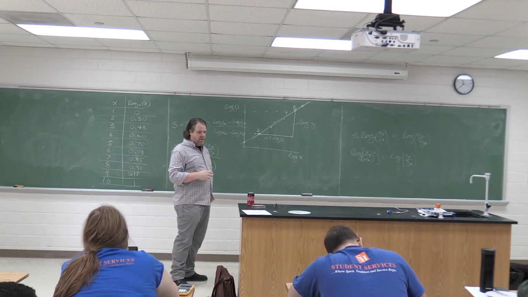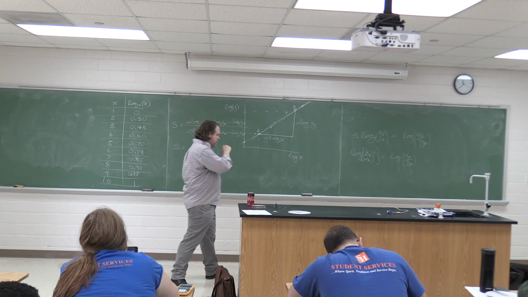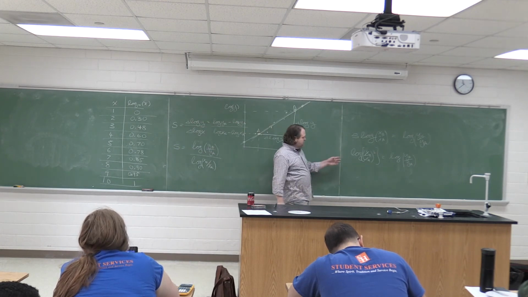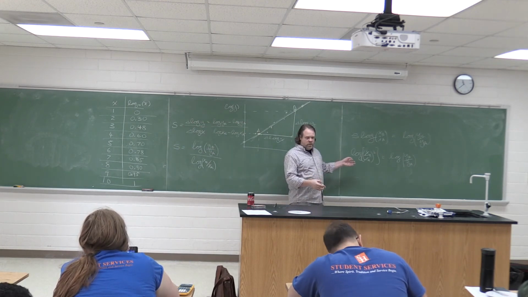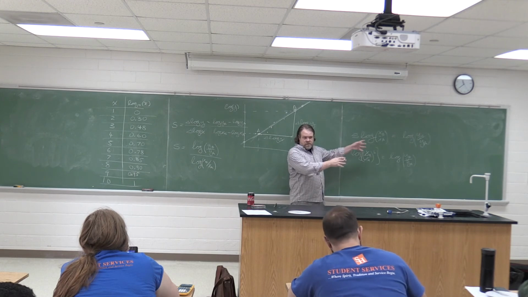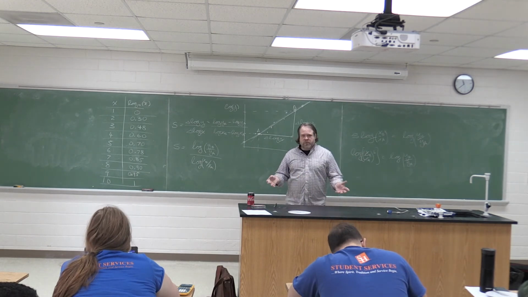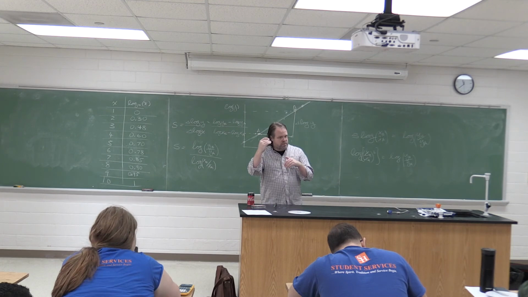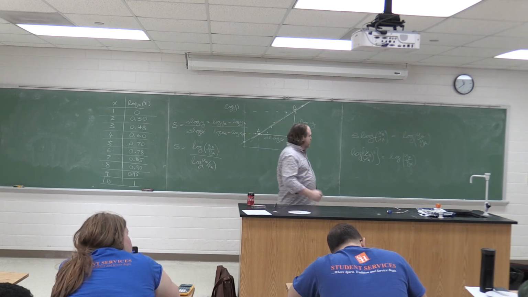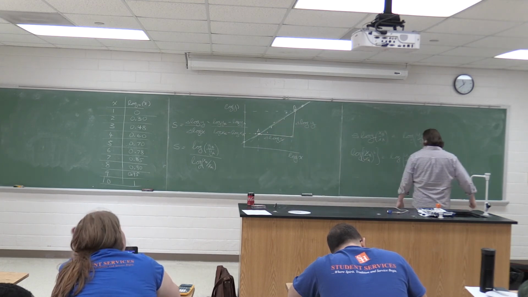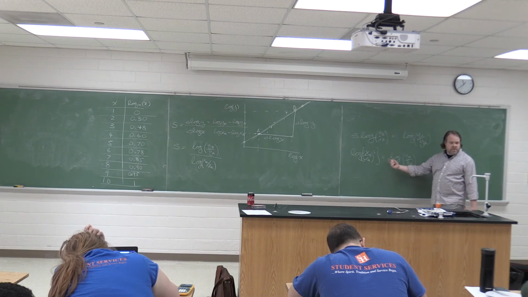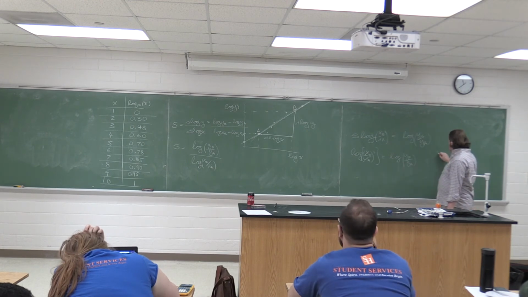Take out the logs. If the logs are equal, the things are equal. In other words, if you want to be a little bit more formal about it, I could exponentiate both sides. If these were log base 10s, I could raise both sides to an exponent of 10. To say it very simply, if the logs are the same as each other, then the things are the same as each other.